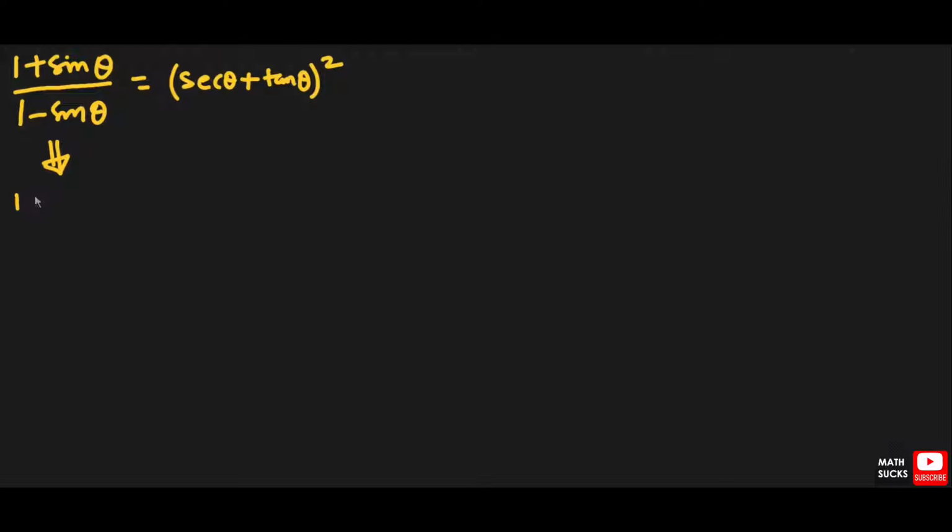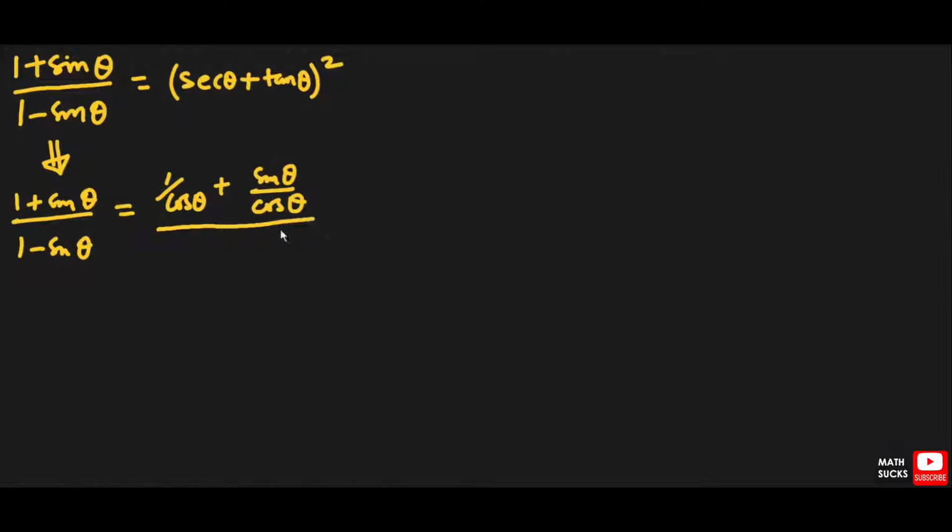So in this case, I'm going to say that (1 + sin θ)/(1 - sin θ) is the same as (1/cos θ + sin θ/cos θ), everything over cos θ, then down 1/cos θ, then minus sin θ/cos θ. So this is the stage we are up to, and then we can now start interpreting the.